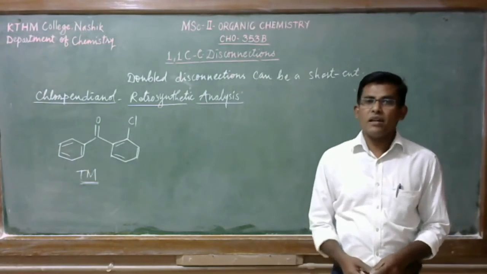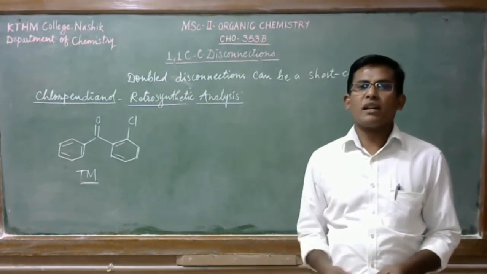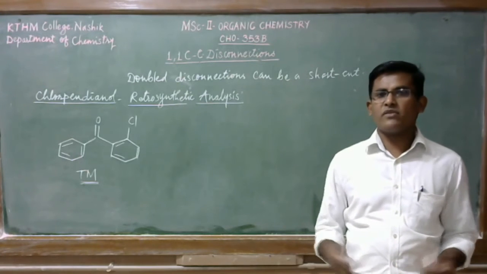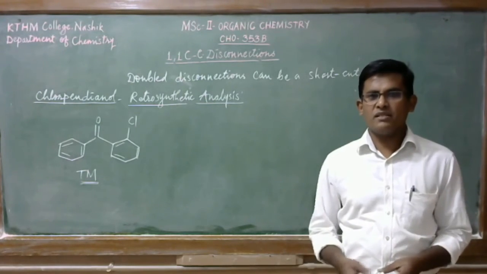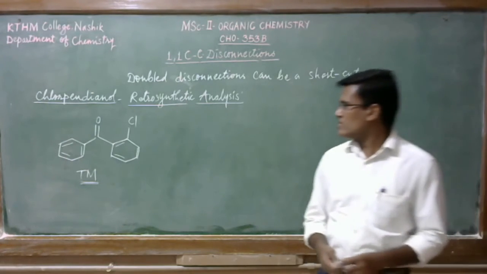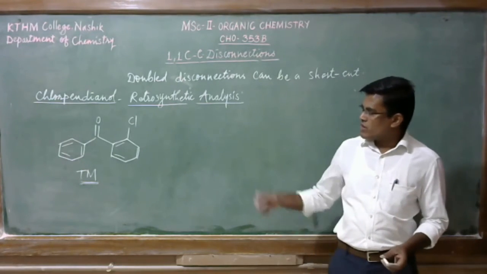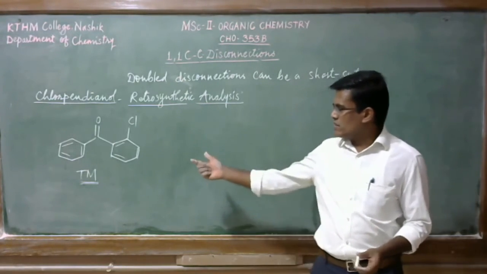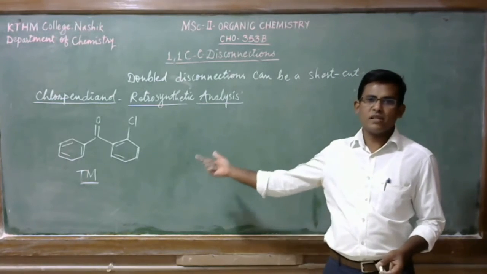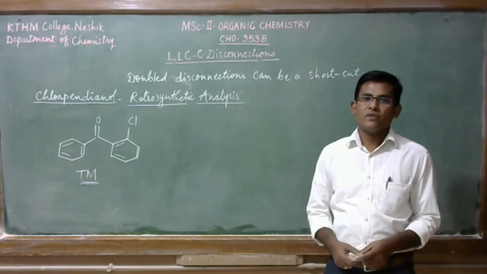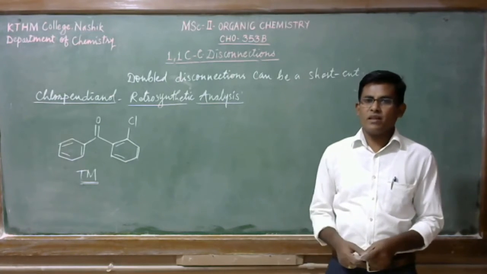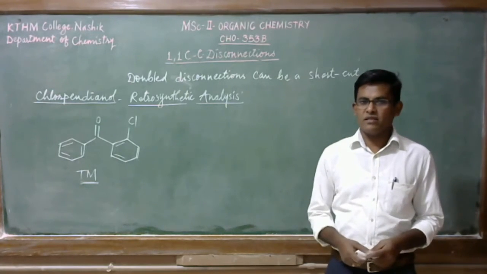We can apply, as per our guideline 5, convert the oxygen-based functional group to facilitate the carbon-carbon disconnections. So if you convert this carbonyl group to alcohol, there would be a possible disconnection, isn't it?